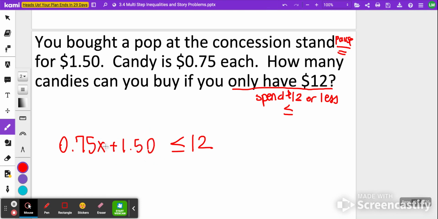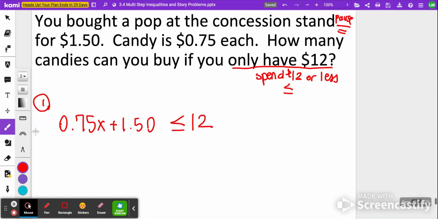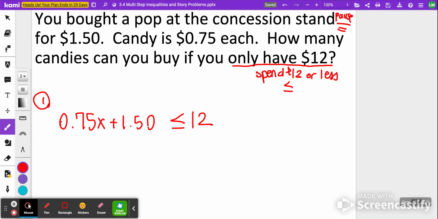If you didn't know that you were supposed to add $1.50 to that, think about what you would do to solve this. If you start with $12, you're going to have to subtract your $1.50 that you bought at the concession stand. So because I'm subtracting it from 12, that means I would initially want to see the addition, right? So let's go ahead and subtract $1.50 from both sides.